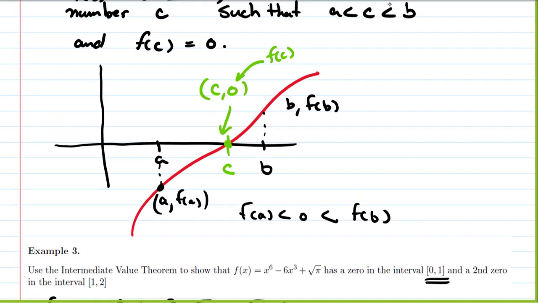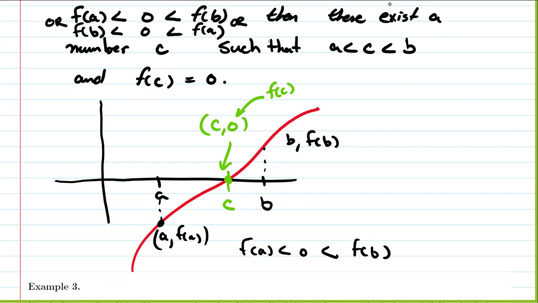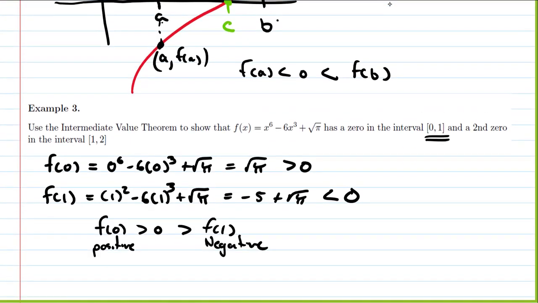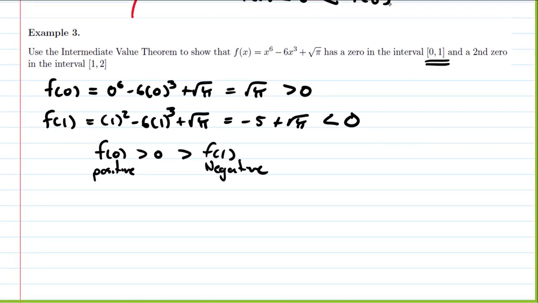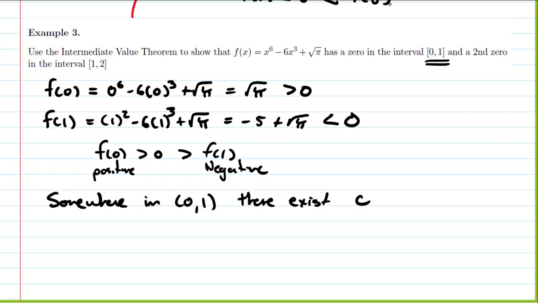So by the intermediate value theorem, if I have a positive output and a negative output, somewhere in between the inputs A and B, there must be a 0. So somewhere in 0, 1, there exists a C such that f of C is equal to 0.